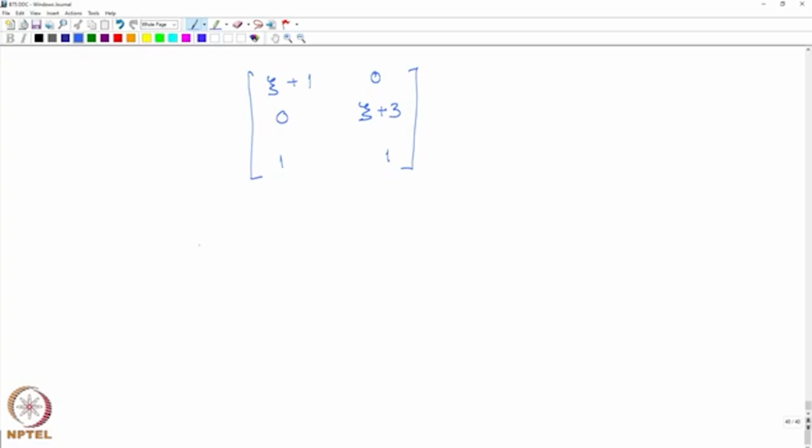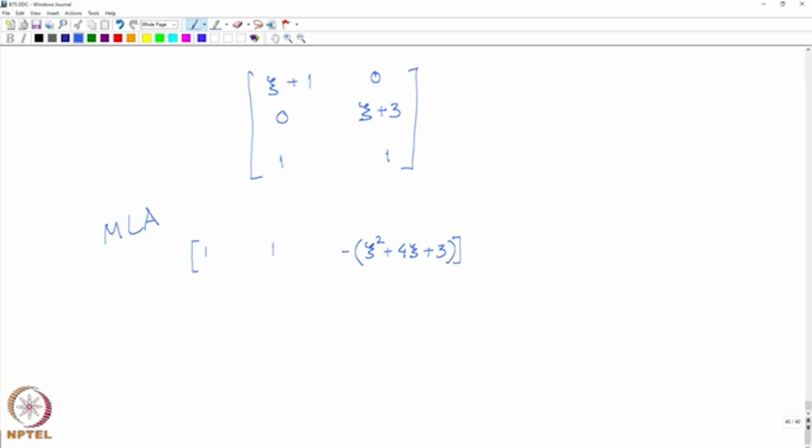Well, you can go ahead and check that an MLA for this can be found by doing this: I will put 1 here and xi squared plus 3 xi plus 4, with a minus sign, and 1. You can go ahead and check that this is the maximal left annihilator. It satisfies both the equations.